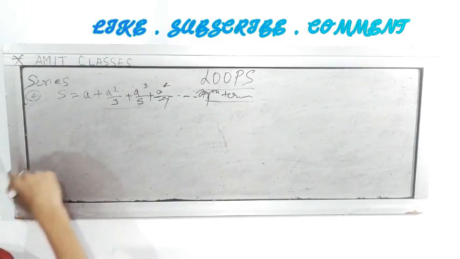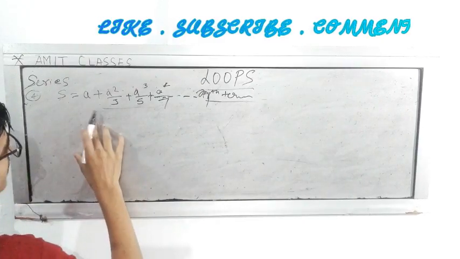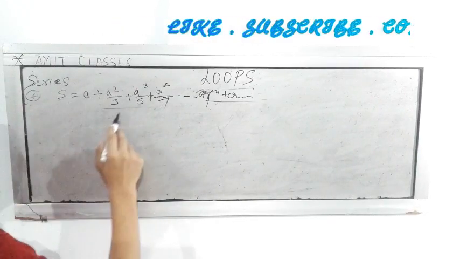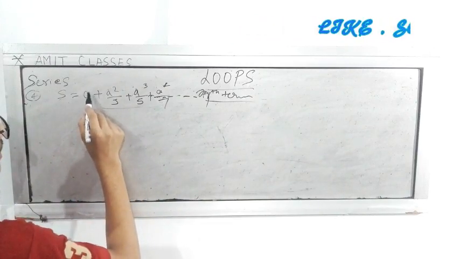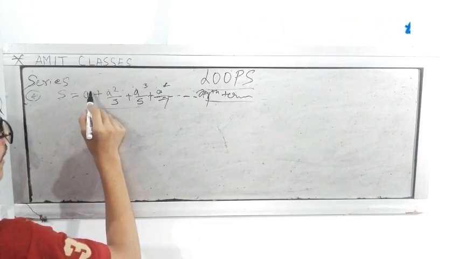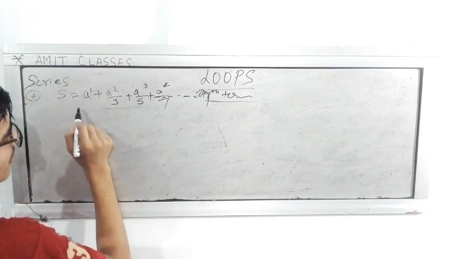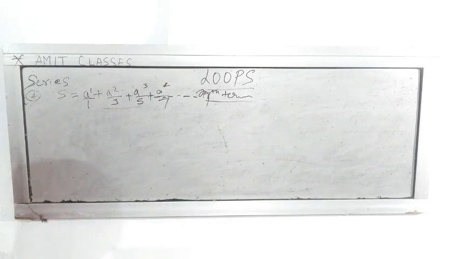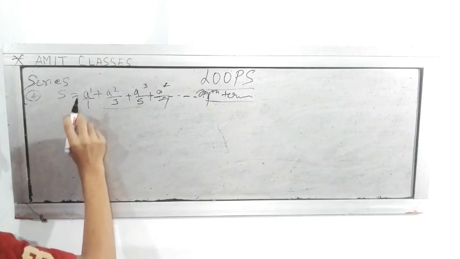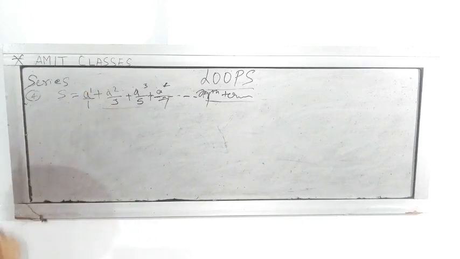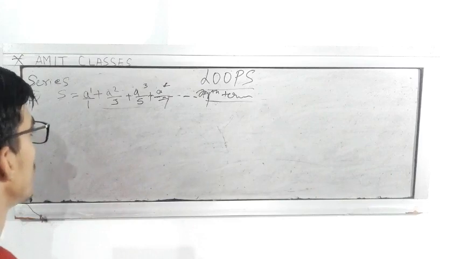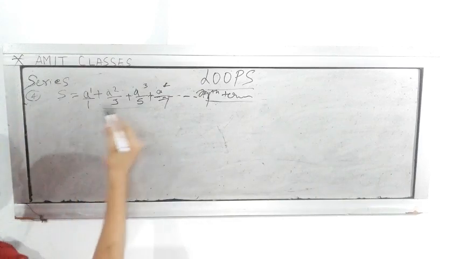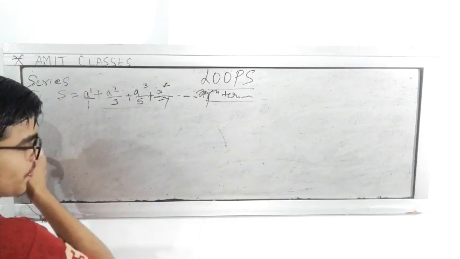So we have to see here what we can do. A can also be written as A to the power 1 by 1, and A to the power 1 by 1 is equal to A, we know. So for this we have to write it.